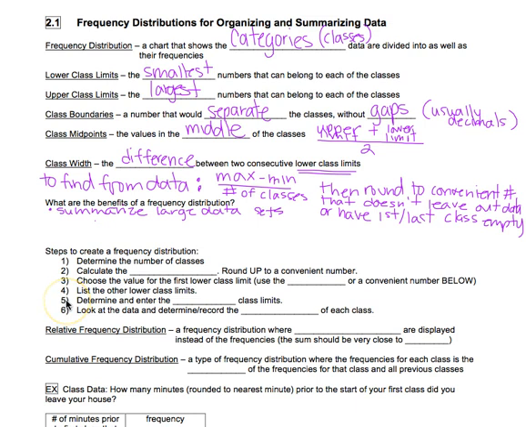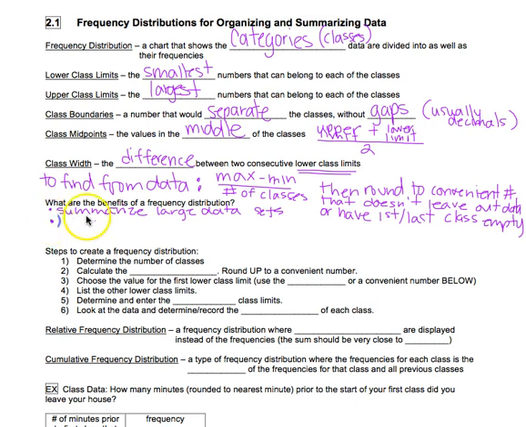If I'm looking at 100 individual numbers, it's going to be really hard for me to just draw a conclusion quickly. But if I'm looking at those 100 pieces of data organized into a frequency distribution, then in a matter of seconds I can come up with some observations that are meaningful.